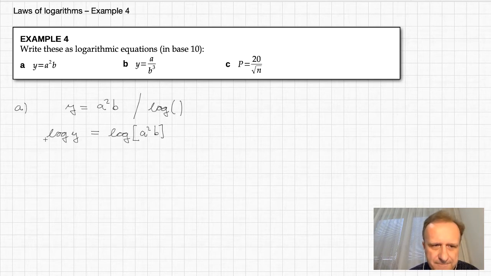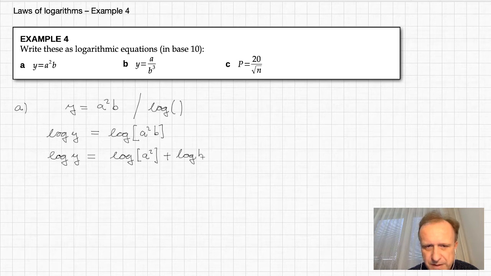Now, I will leave the left-hand side without any change because it's already in its simplest possible form, so it's just the logarithm of y equals, and here I have the product of a squared and b. So I can use the logarithmic law and replace it by the following. It's the logarithm of a squared plus the logarithm of b.